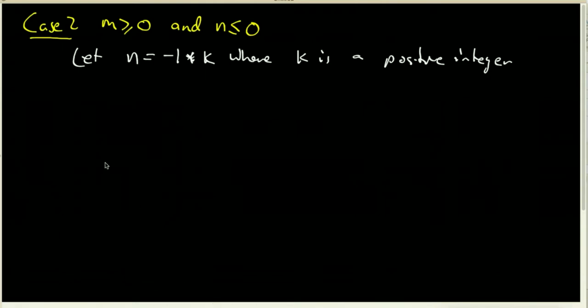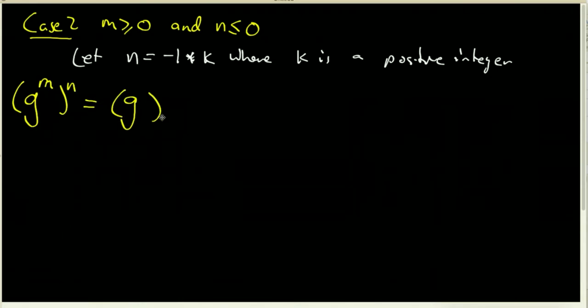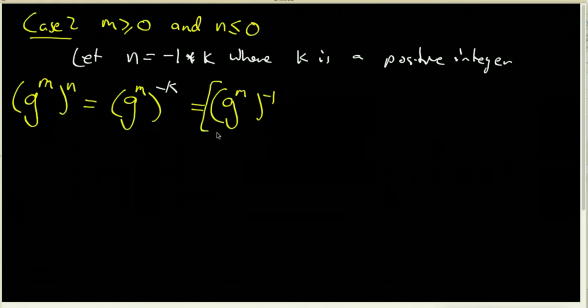So under this particular set of circumstances, g to the m raised to the n is going to be g to the m raised to the minus k. And I know from our lemma that I can write this as g to the m's inverse raised to the k.